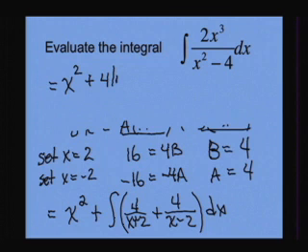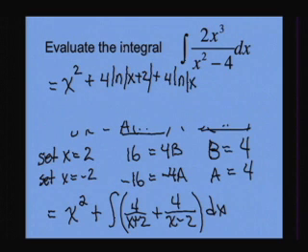And what I have is my x squared, which I've had all along, then plus 4 times the natural log of the absolute value of x plus 2 plus 4 times the natural log of the absolute value of x minus 2 plus c.